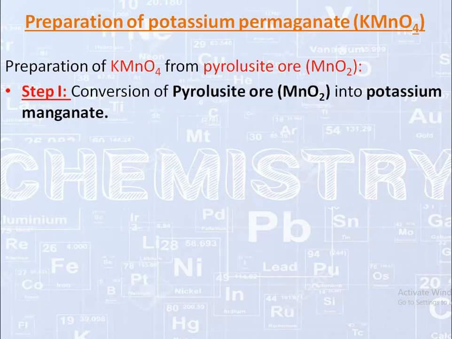So first step is conversion of pyrolusite ore into potassium manganate. So for this, the pyrolusite ore, that is MnO2, is heated strongly and fused with alkali hydroxide and air, or we can use oxidizing agent to give potassium manganate.